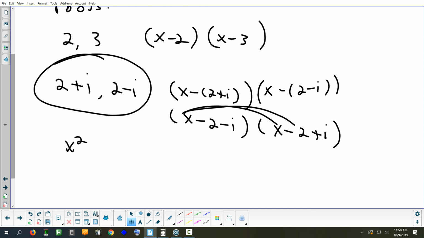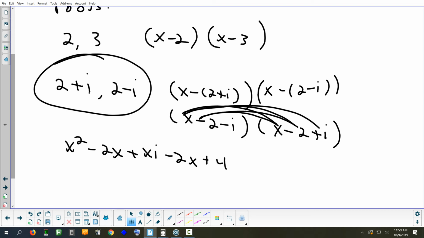Because if I'm asking you to find a polynomial, you're not allowed to have i's in the answer. So these i's better all start going away pretty soon. Negative i times x, negative ix or xi. What's negative i times negative 2? There's a plus 2i. And negative i times positive i, so negative i squared.